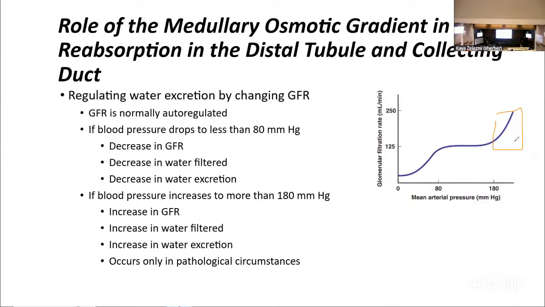So this means we're going to have tons and tons of water coming into our nephrons, coming into the kidney. And that water is going to kind of blast through, and we'll see an increase in the water that gets excreted as urine here. Now, this in particular, you're only really going to see in pathological circumstances. We should be able to keep ourselves at least in the top part of this range.